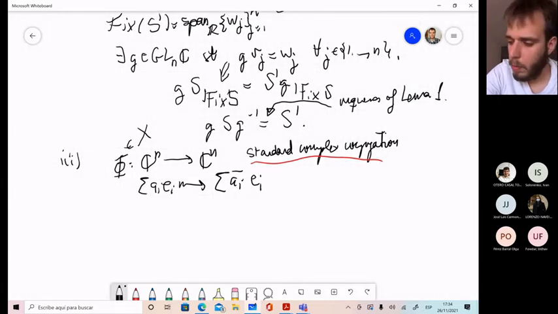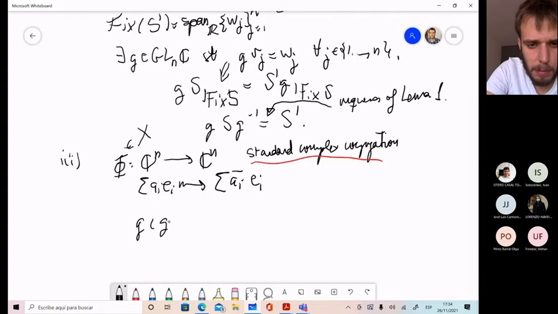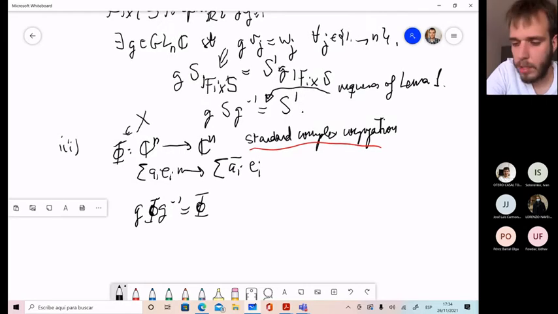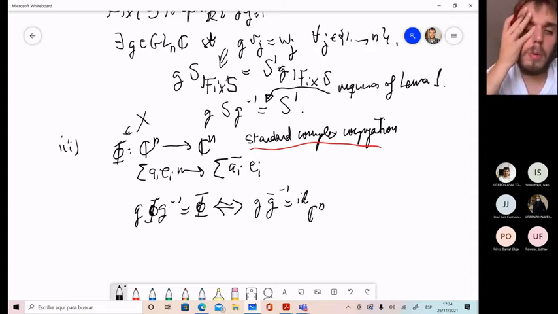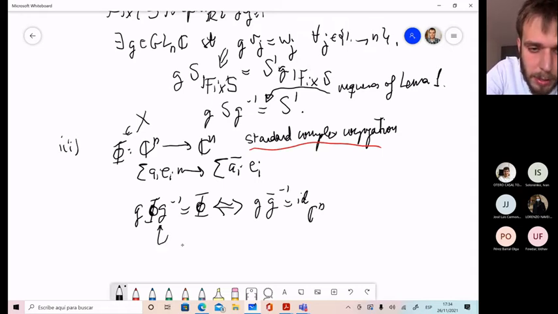So we want to compute the isotropy at this point. So g c g^{-1} is equal to c. This means that g is in the isotropy. Well, you can prove that this is equivalent to the condition that g bar^{-1} is equal to the identity of C^n. How do you do this? Well, you have to write this out in terms of matrices.